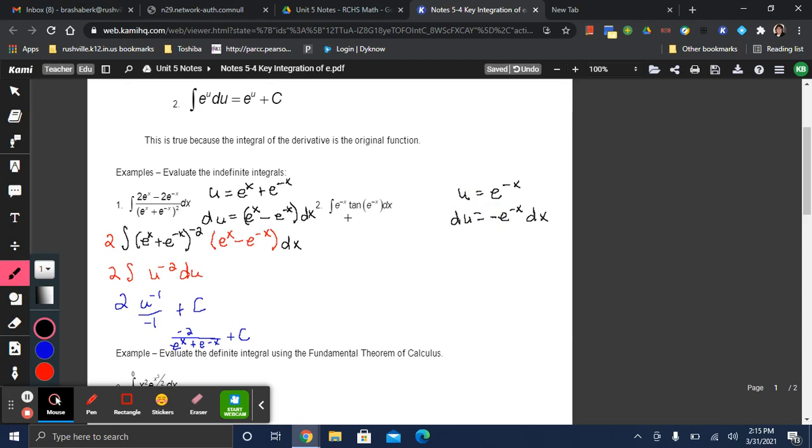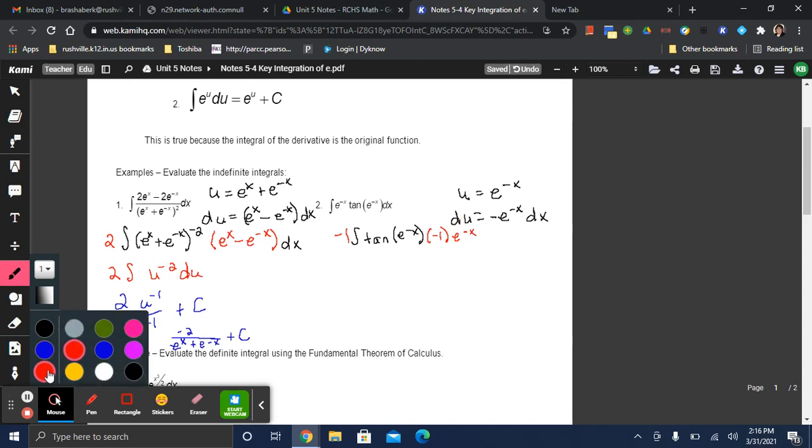All right, so as I look, that is exactly what I have except for the negative sign. So I can put a -1 on the outside, and then I'll rewrite having the tangent of my e to the negative x first, and then putting in the -1 that I need, so multiplying by -1, and then having my e to the negative x.